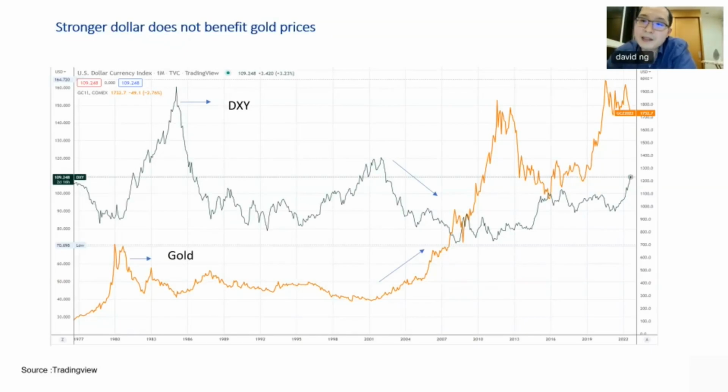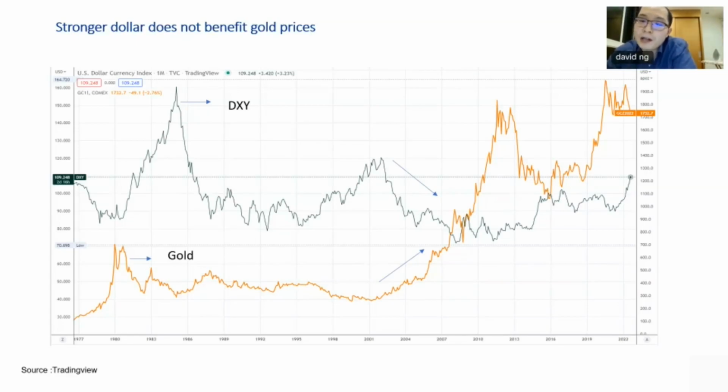So this is a classic example of which fund flow you will prefer. As long as the dollar remains very strong, people will tend to favor the dollar as an asset class rather than gold. So with rising interest rates and a stronger dollar, gold is definitely under pressure.